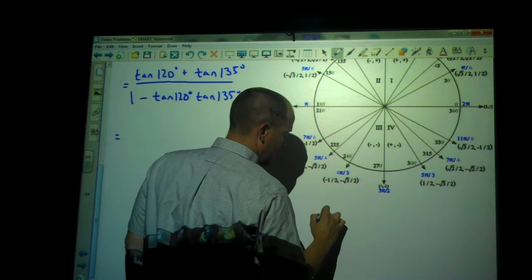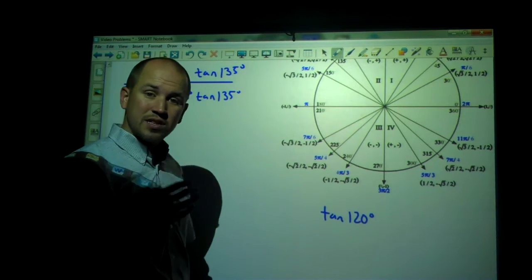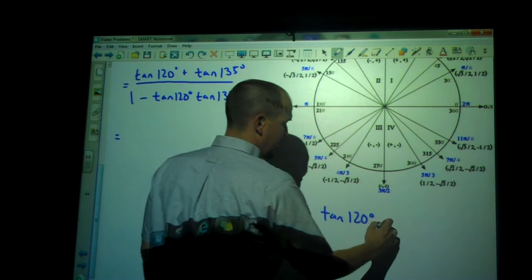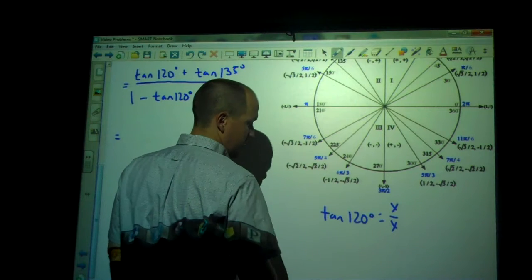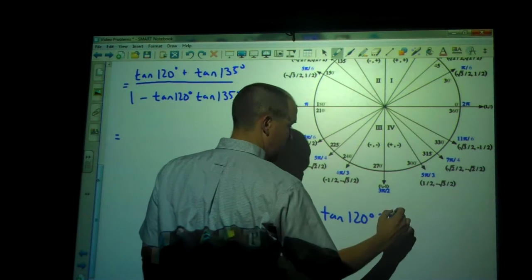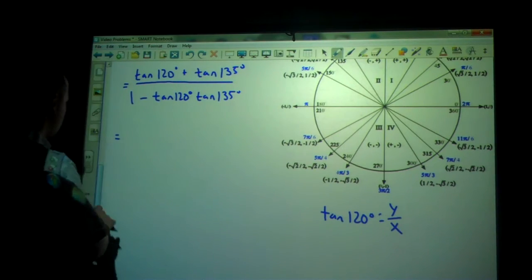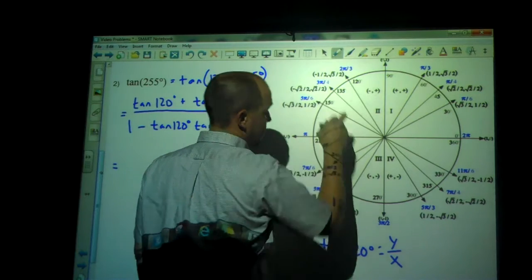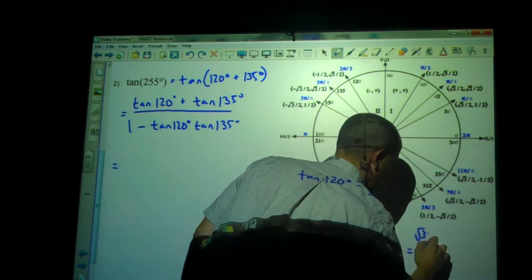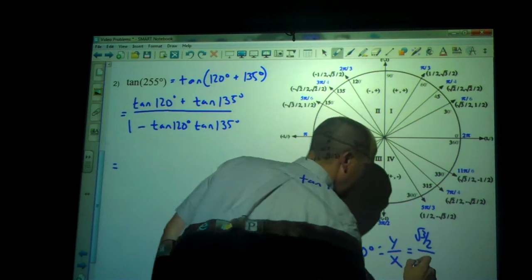Okay? So let's go over here and just evaluate tangent of 120. It's going to take a little bit of work. It's the y-coordinate divided by the x-coordinate at 120 degrees. So the y-coordinate is root 3 over 2 divided by negative 1/2.